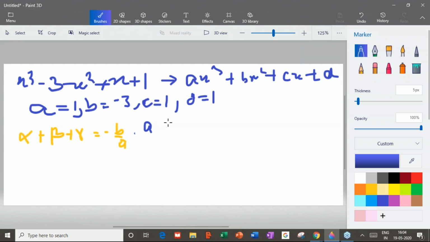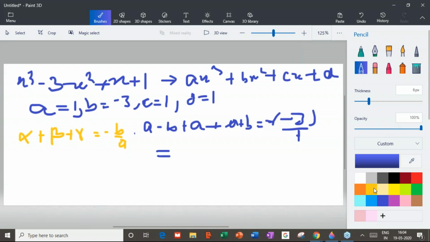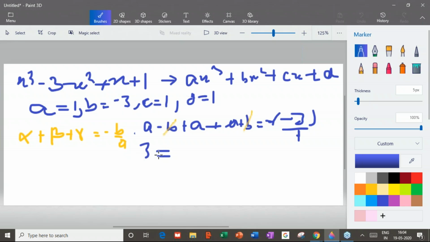Okay, so a minus b plus a plus a plus b is nothing but, what is the value of b? Minus 3, right? So minus of minus 3 by 1. This is minus, this is 1. When you solve this, you can just strike off minus b and plus b. It will be nothing but 3a is equal to 3, from which you will arrive at a is equal to 1.